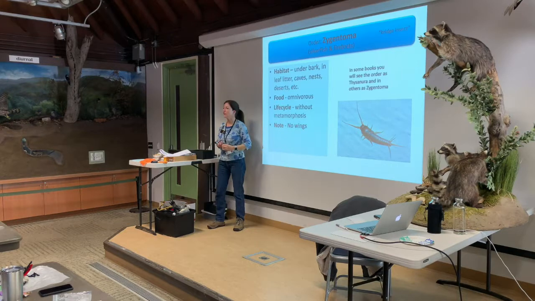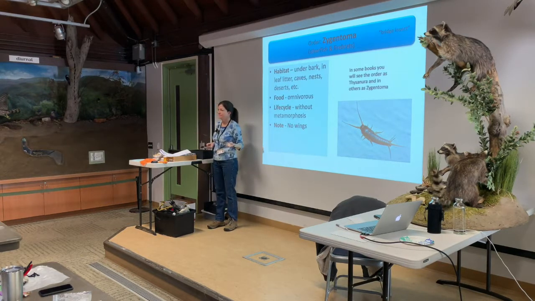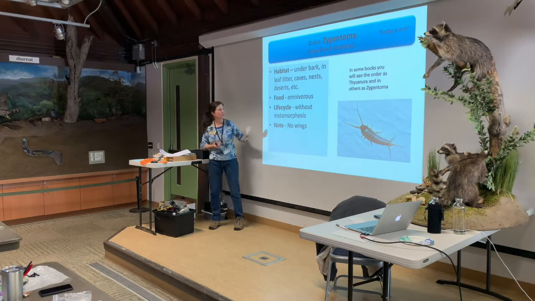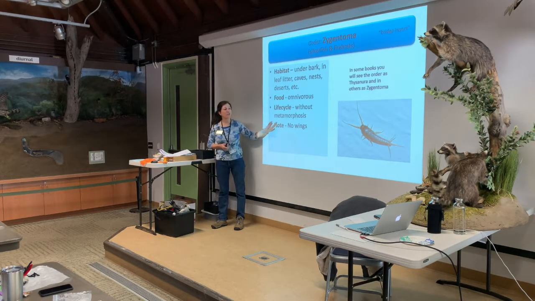Omnivorous. Yes, these little suckers will eat anything. My books. Who knows what else they're eating in the house. Without metamorphosis and no wings. So this is one of your insects without wings. It's a very primitive insect, and pretty easily identifiable.